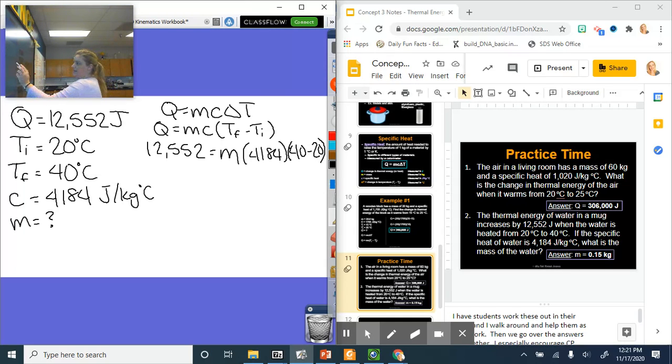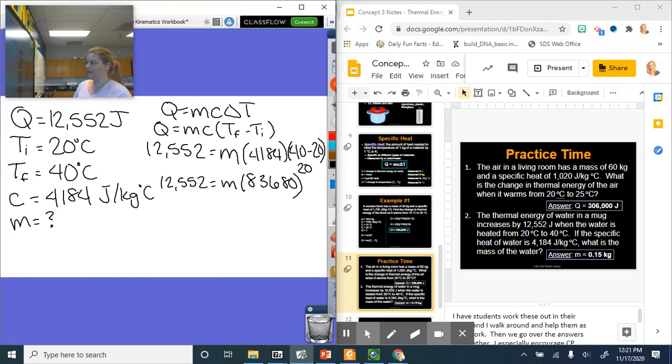So if I go ahead and condense this side down, I know that this number right here is 20, so I'm going to multiply those two numbers on that side together. So 4,184 times 20. So I have 12,552 equals M times 83,680.